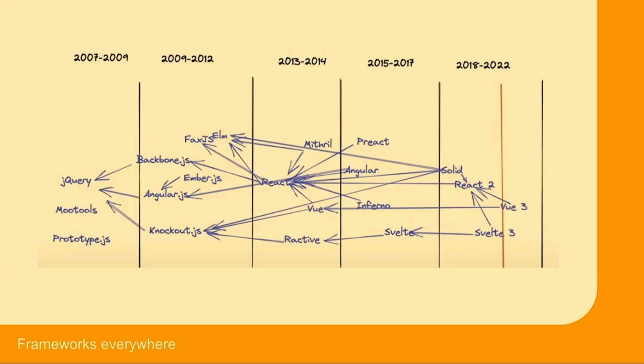And we can see that from 2010, it really took off. So a lot of companies tried to create their own framework with features which help the developer create a more complex website, but also in an easier way.